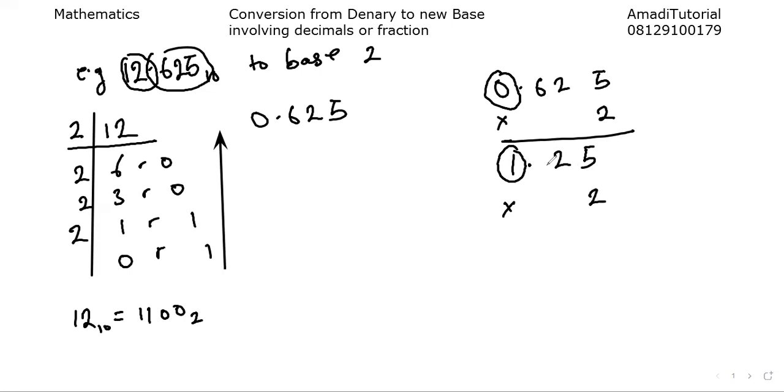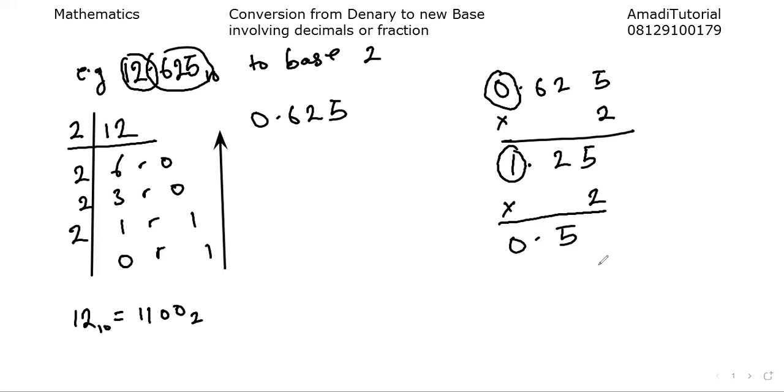That's 0.25, not 1.25. You are ignoring the whole number. So 2 times 0.25 will give you 0.5.